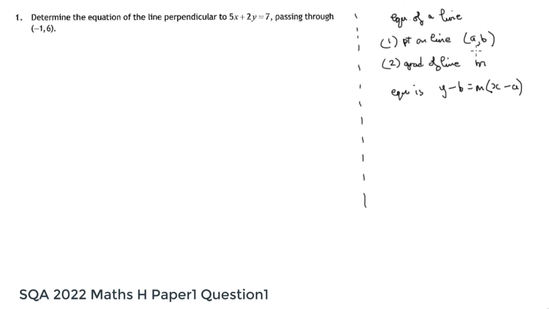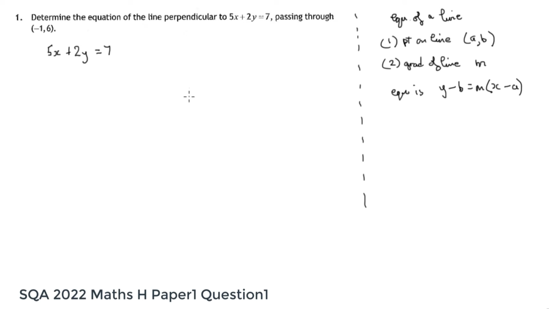So that's the formula for the equation of a line. Do we know a point on the line? Well, yes, we're told -1, 6. Do we know the gradient of the line? No, but we know it's perpendicular to this line. So let's start out with 5x plus 2y equals 7 and attempt to find, first of all, the gradient of this line.